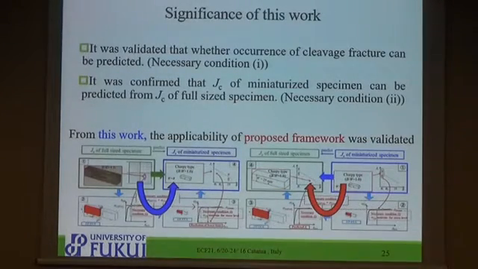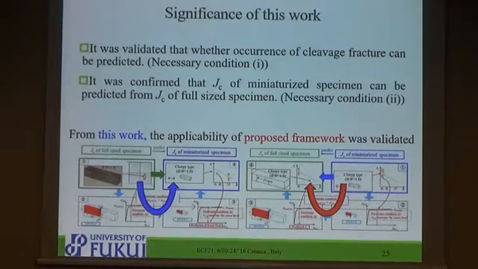In this work, considering the fact that it is likely that cleavage fracture might not occur for a miniaturized specimen, it was validated that whether cleavage fracture will occur or not can be predicted from σ22C obtained from the full-sized specimen.